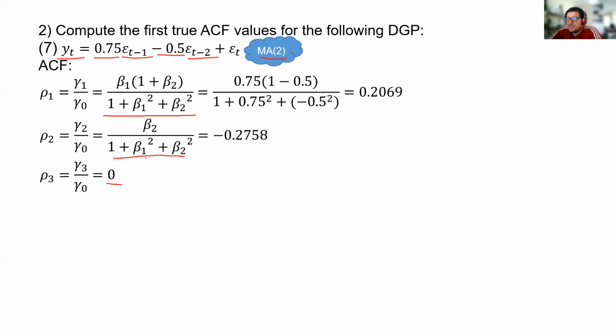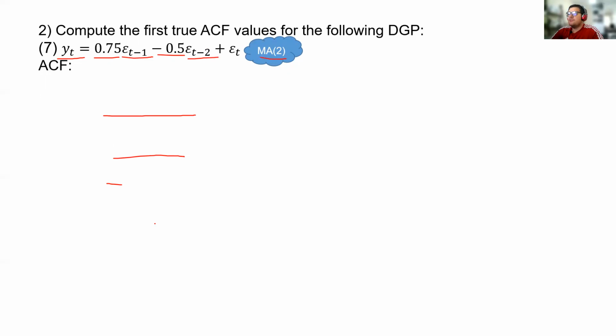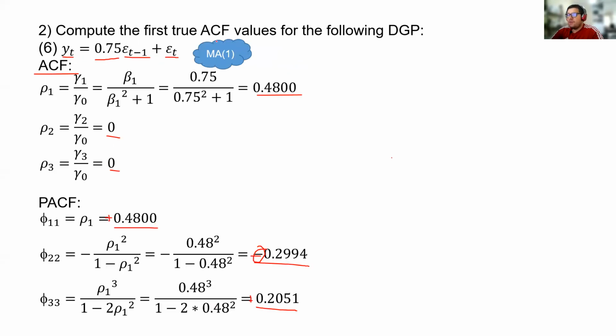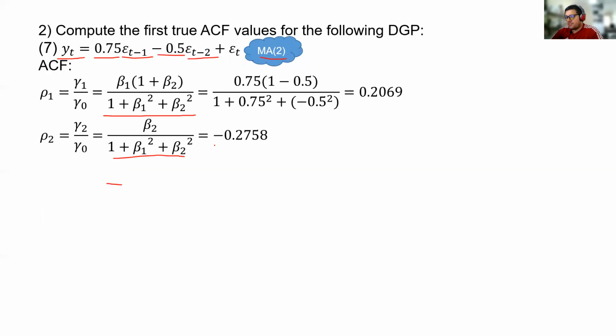phi 3 onwards, it will just go to 0, similar to what we saw in the MA1, but in this case, it will cut off after two cutoff points. So the number of coefficients means the number of cutoff points in the ACF.